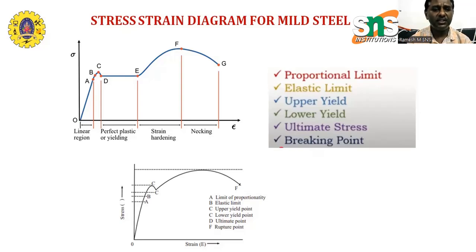Point D is called the lower yield point. That means it represents the minimum stress required to maintain the plastic deformation. Then the region D to E, that is DE, is called the strain hardening region.